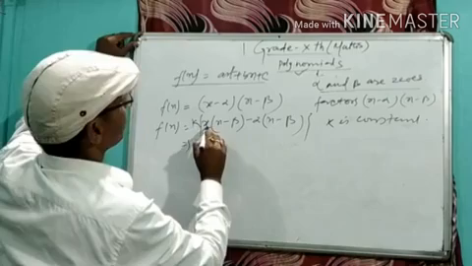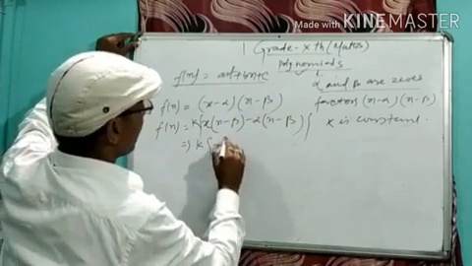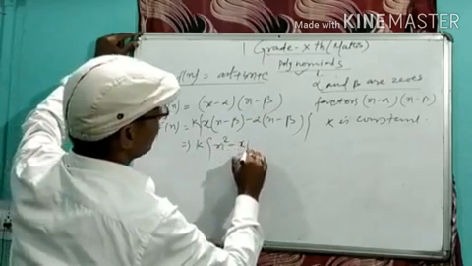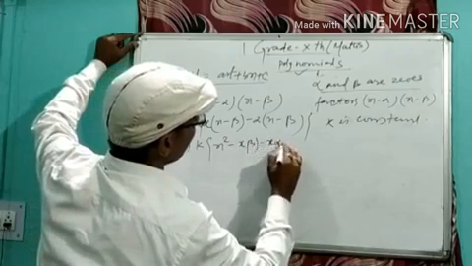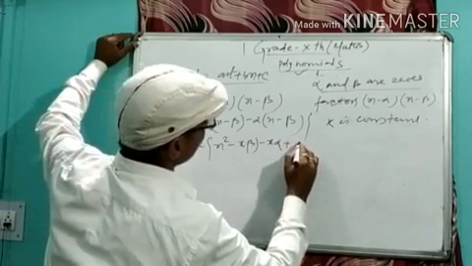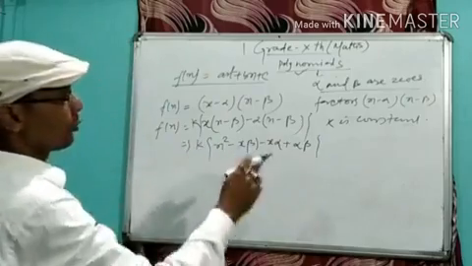What is this? x square minus x beta, here minus x alpha plus alpha into beta. I have taken k as a constant.